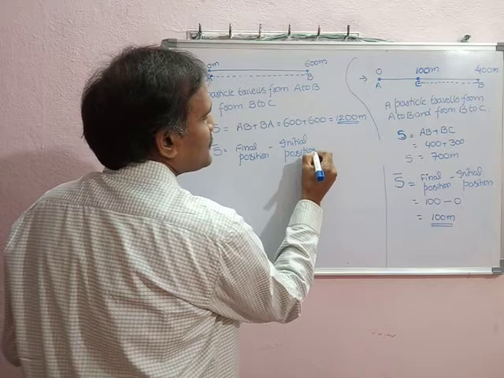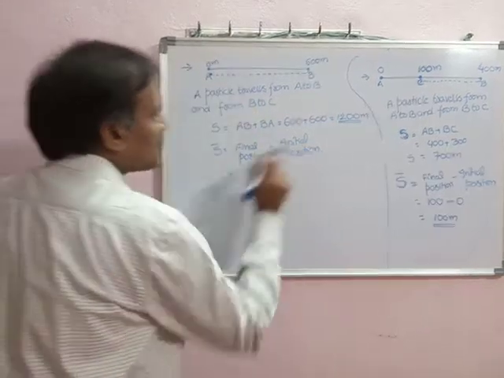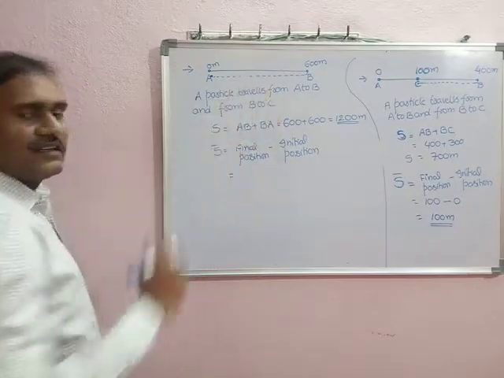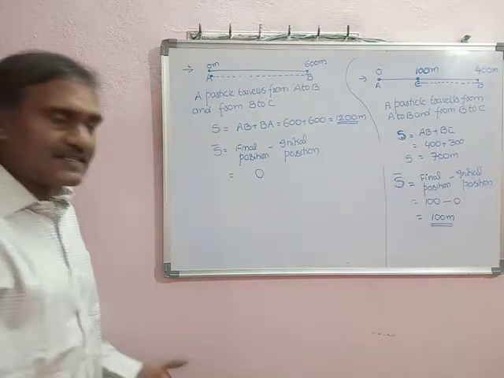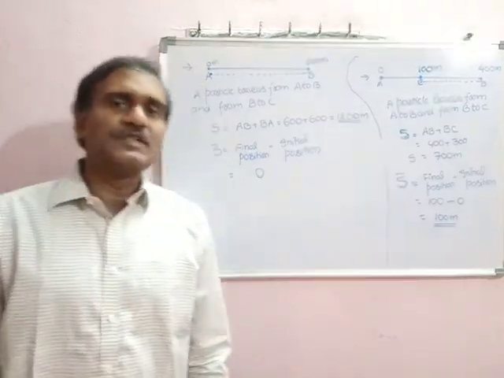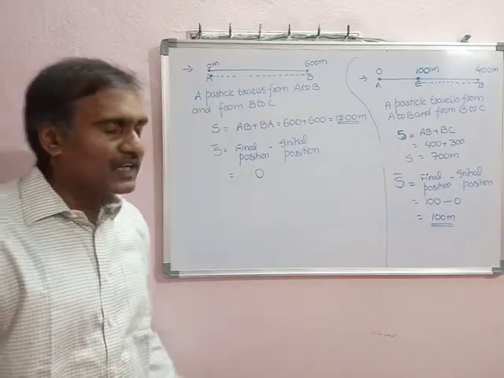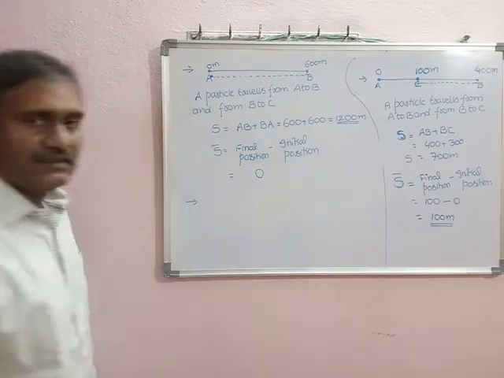What is the final position of the particle? A. What is the initial position of the particle? A. Therefore, displacement becomes 0. Here, the final position coincides with the initial position. Therefore, displacement becomes 0.